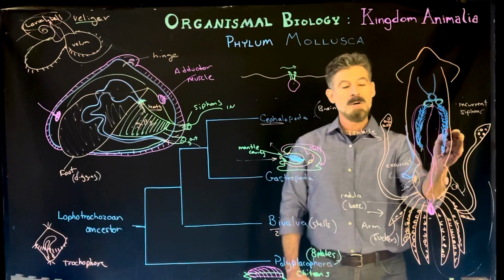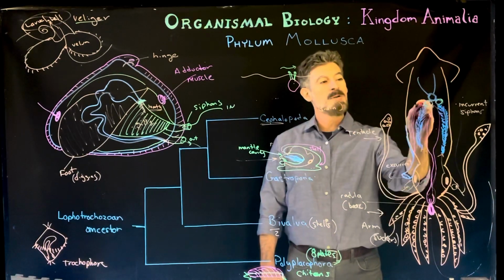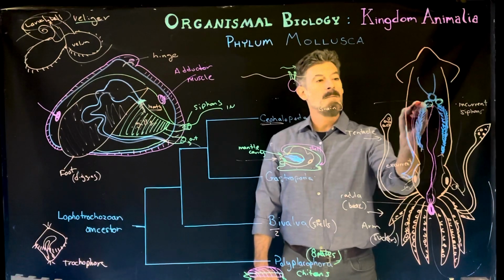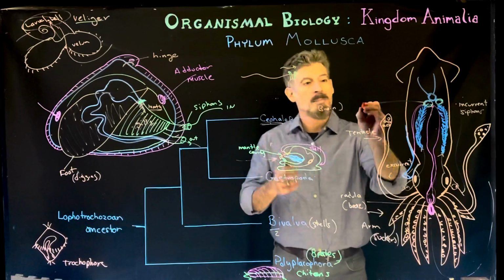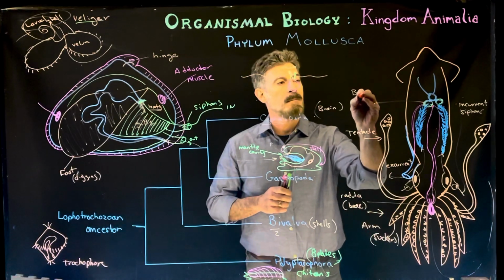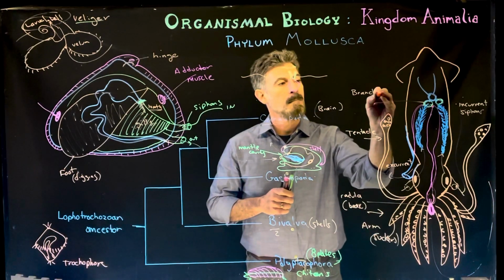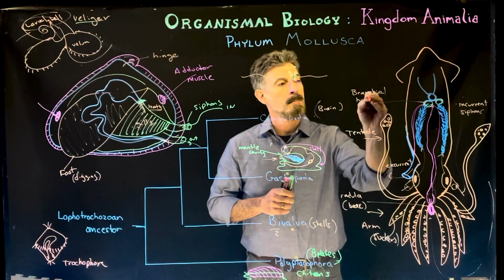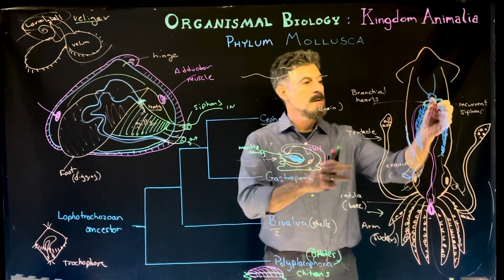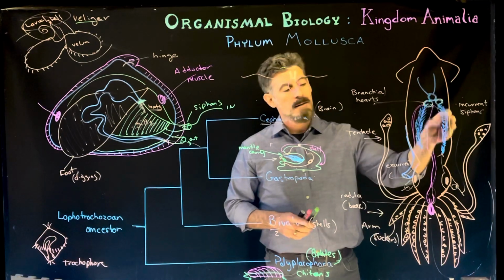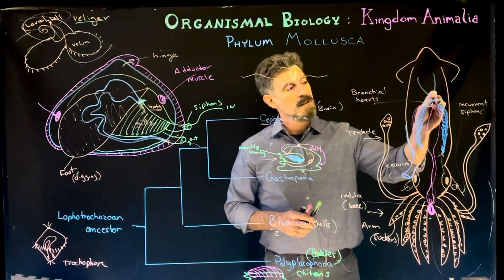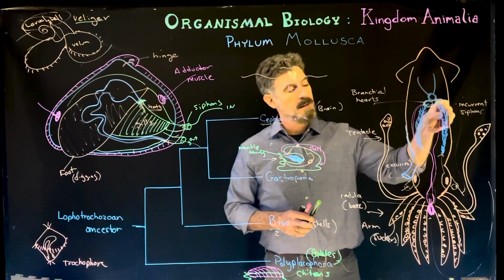They typically have 2 gills, and then they have 2 hearts, one at the base of each gill. These are called branchial hearts. So water comes in, passes over here, diffusion of oxygen. There's blood vessels associated with this, and then branchial hearts are at the base, kind of pumping, it's pumped there.